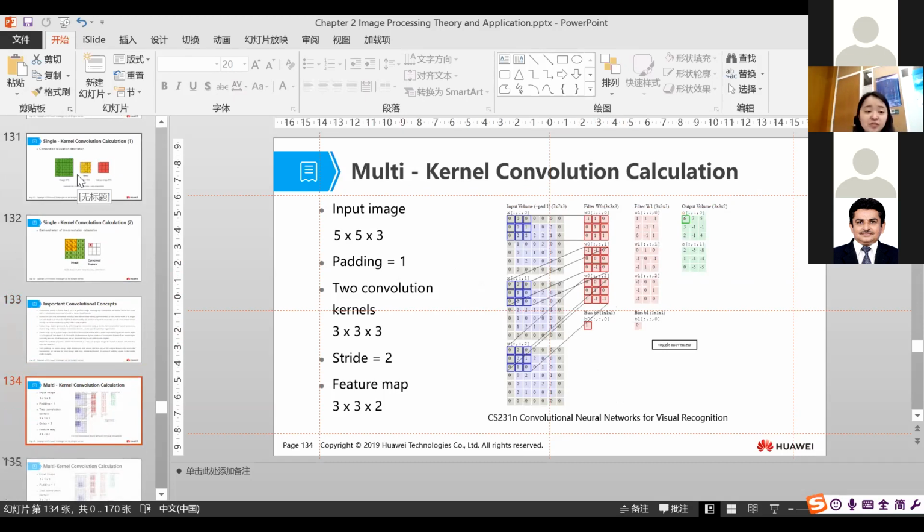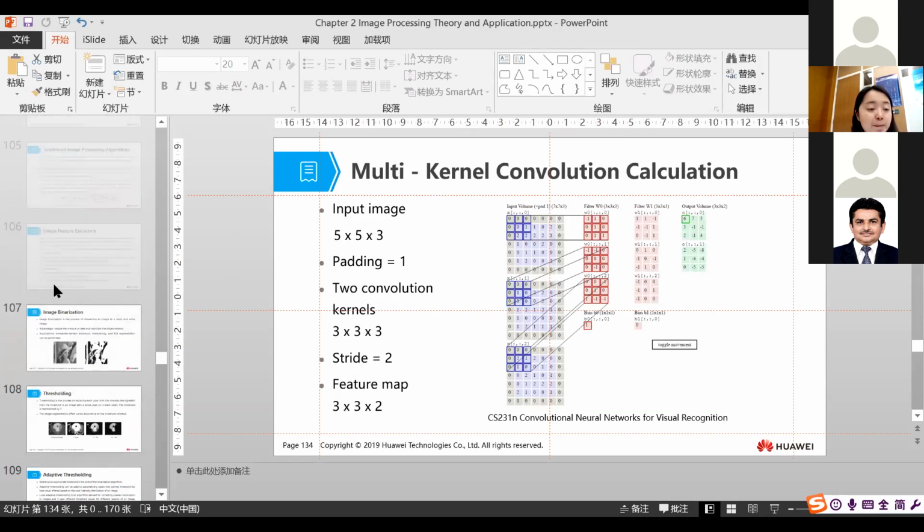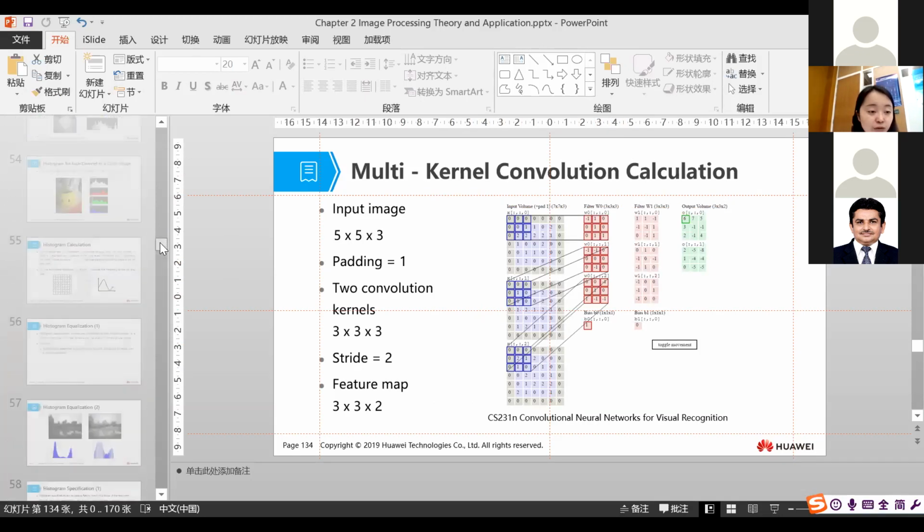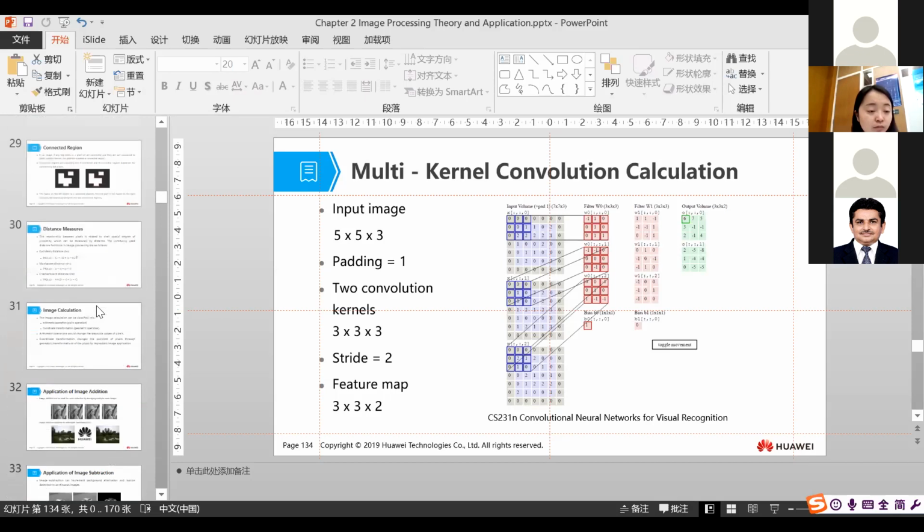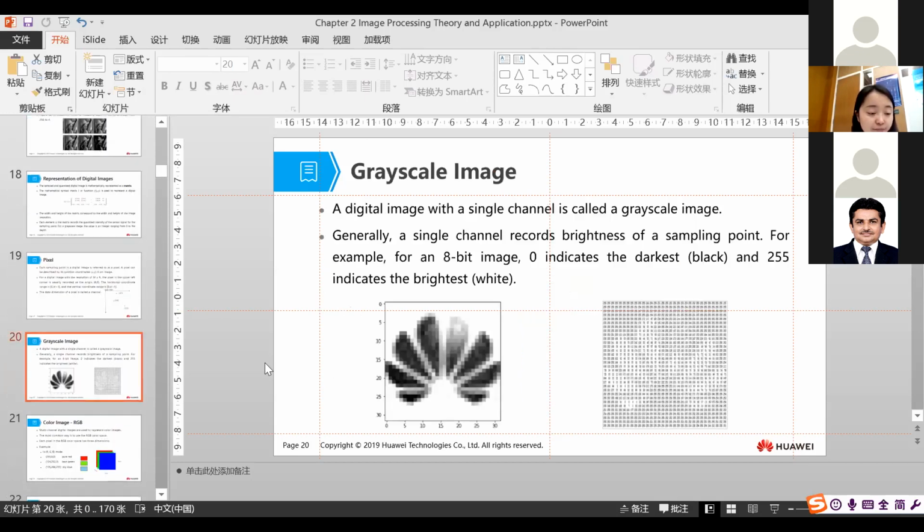So for images, especially colorful images, it's not a single channel image. Here is an example of a grayscale image, and if we put this image into the computer, here is the image in the computer.